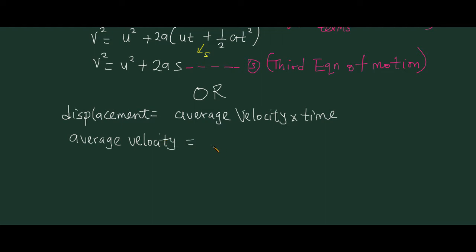of a uniformly accelerated motion is equal to the sum of the initial and final velocities, divided by 2.